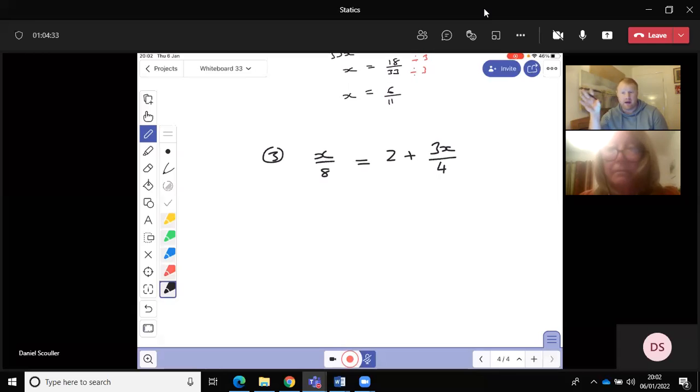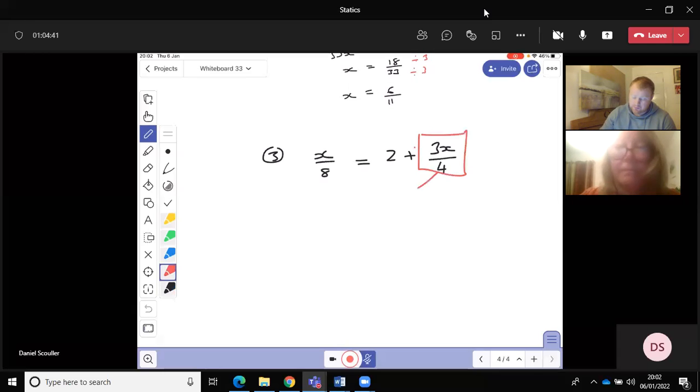We want all the x terms on the left-hand side, so we want to move this term over here, and then we solve like we have been. That whole expression, that 3x over 4, is just added on to the 2. So it's an addition, so we're moving that across and it just becomes a negative on the other side.